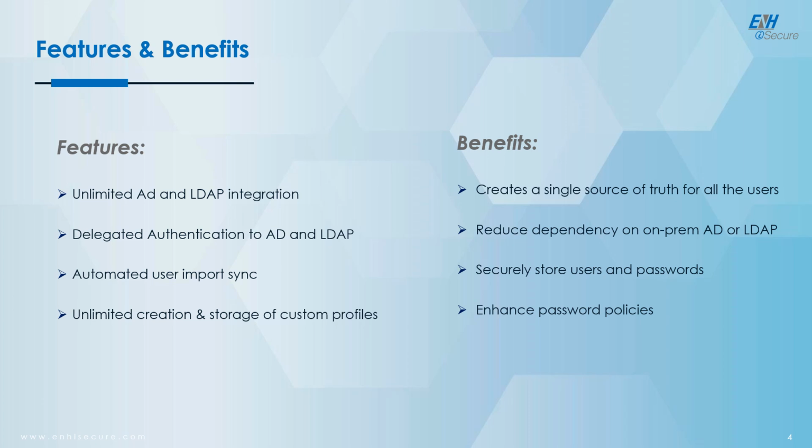Additionally, Okta UD securely stores users and passwords, providing robust security measures to protect sensitive information. Finally, it enables organizations to enhance password policies, ensuring compliance with best practices and improving overall security posture. Together, these benefits make Okta Universal Directory an invaluable asset for managing user identities.